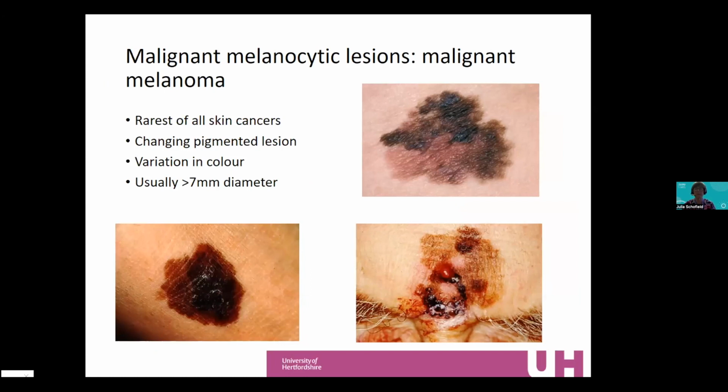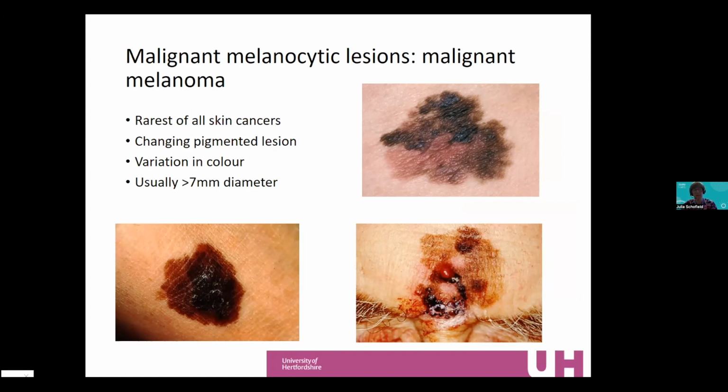A bit of a word about melanoma. It does remain quite rare, but you will all be aware that the prevalence and incidence of melanoma has increased, possibly related to short, sharp bursts of sunshine. And the way that these patients will present is with a new or a changing pigmented lesion.